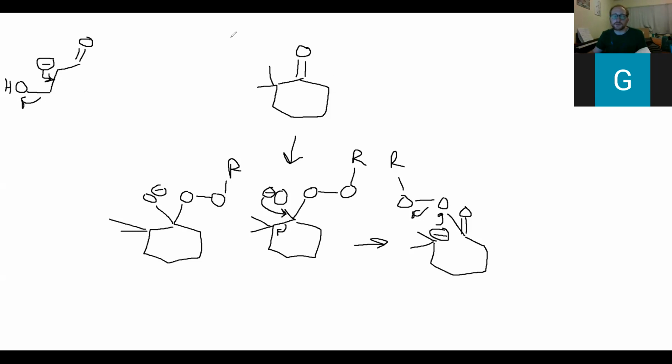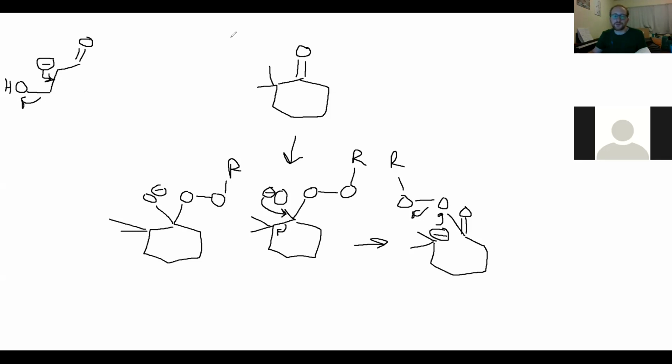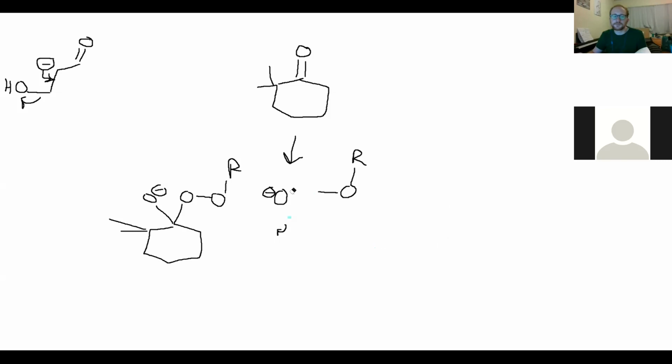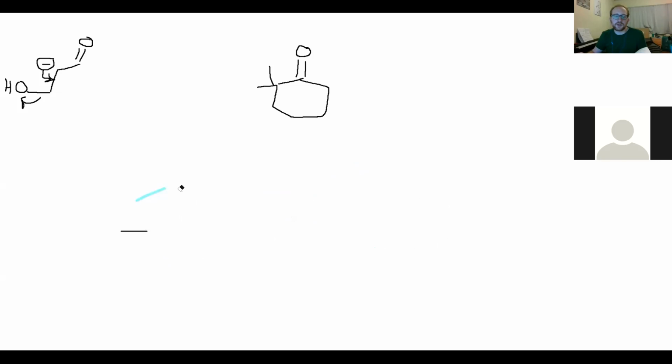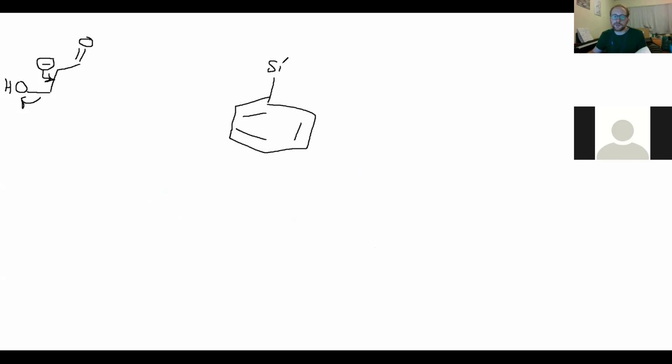Yeah, we can go over ipso substitution. I don't think it's that important, but we can do it for sure. So ipso attack only really occurs in a meaningful sense for aromatic rings with silyl groups. It can happen with tert-butyl groups, but tends to be less likely.